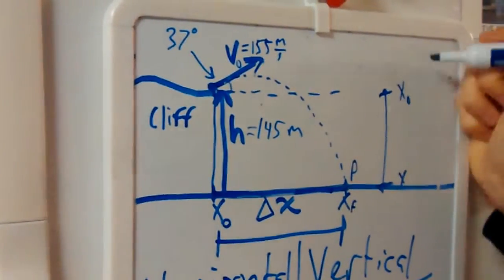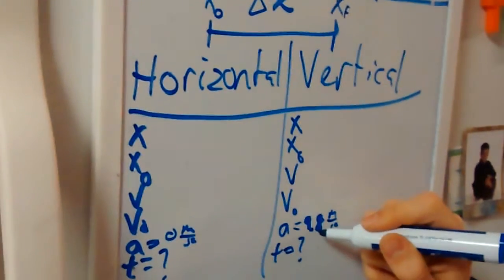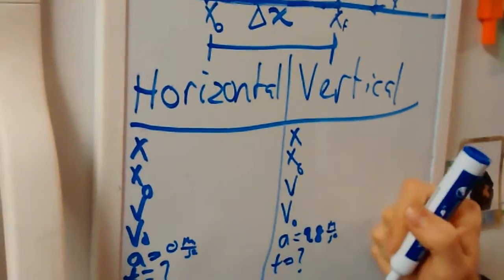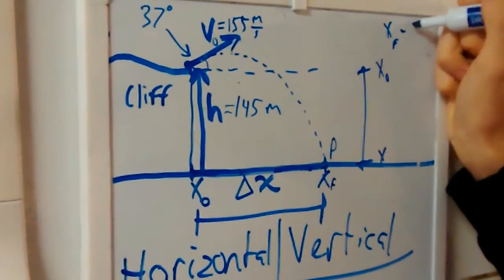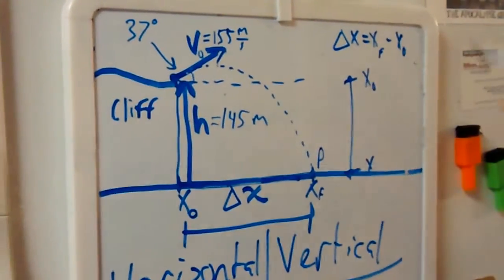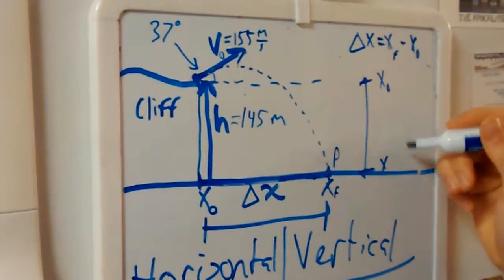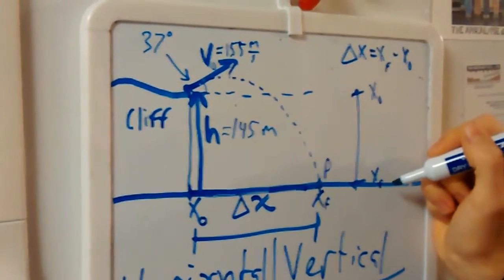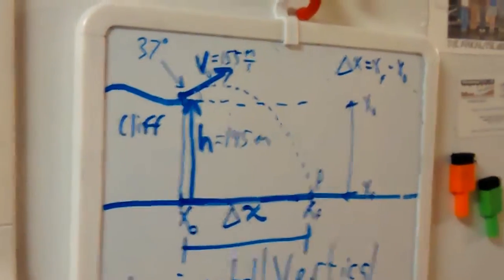We can choose, since we chose that acceleration is 9.8, which is positive, we know that motion downwards is in the positive direction. Therefore, x final minus x naught, which is the change in x, would be positive. Okay, just double checking.